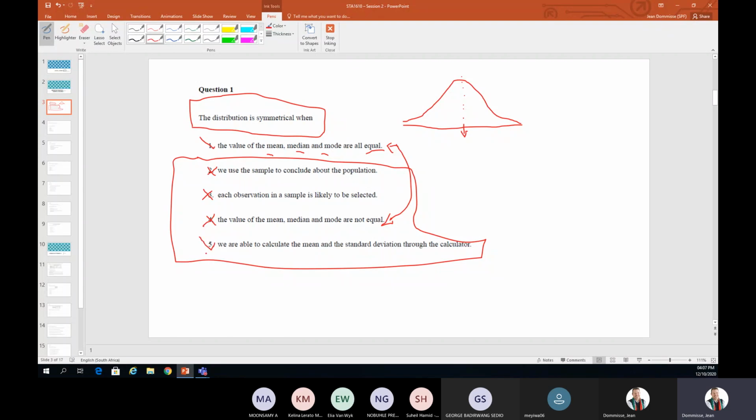Okay, you will be able to do that, but that doesn't tell me that something is symmetrical or not, because you can calculate the mean and the standard deviation through a calculator for something that's also not symmetrical. Okay, so the important one is the only reason why something is symmetrical is because the mean, median, and mode are equal.